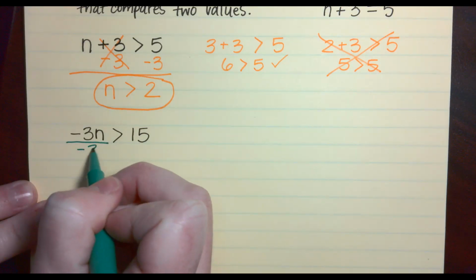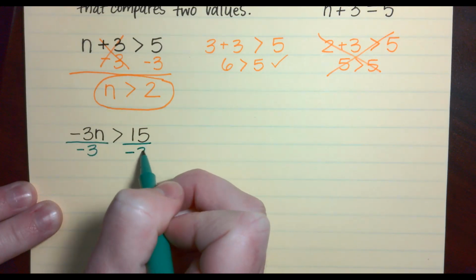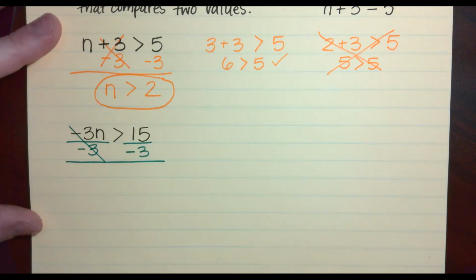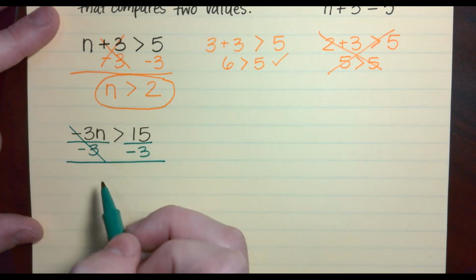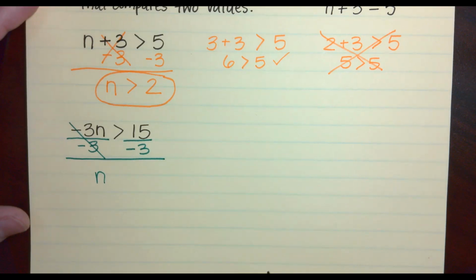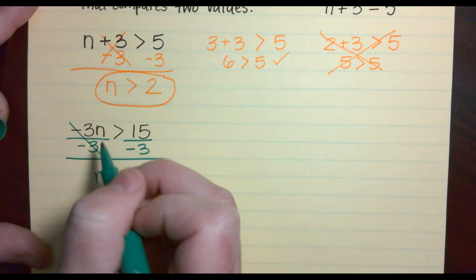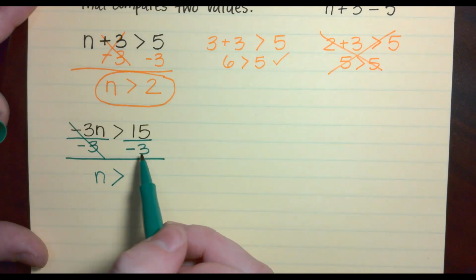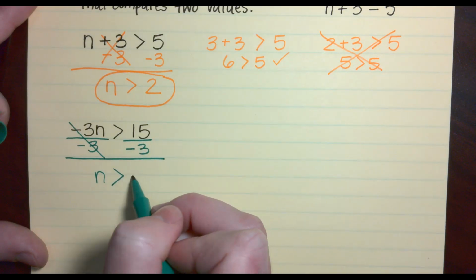Good, by negative 3 on both sides. Okay, my negative 3's will cancel, and then I'm left with n, and what else am I writing down here? Yep, n is greater than, what's 15 divided by negative 3? Negative 5.